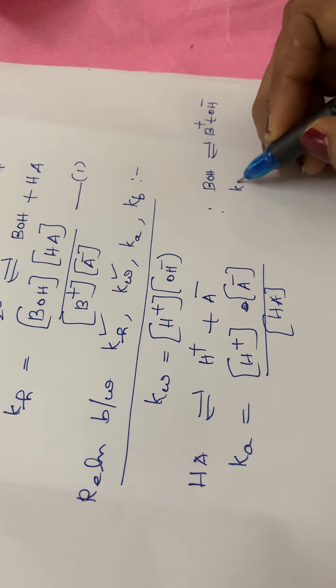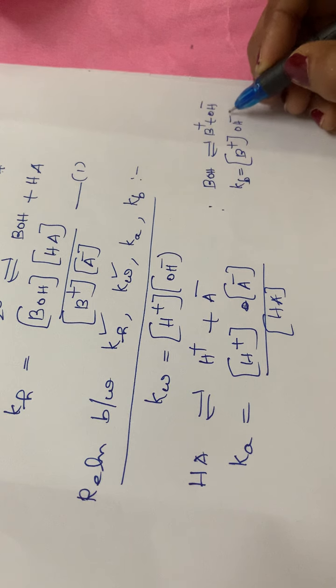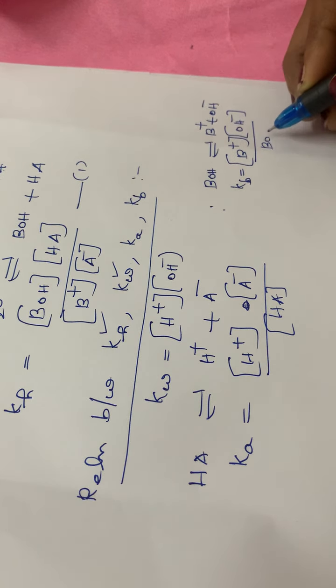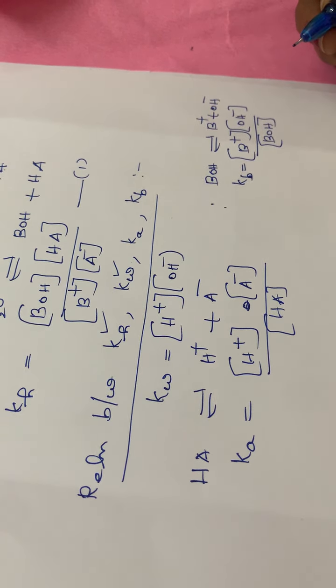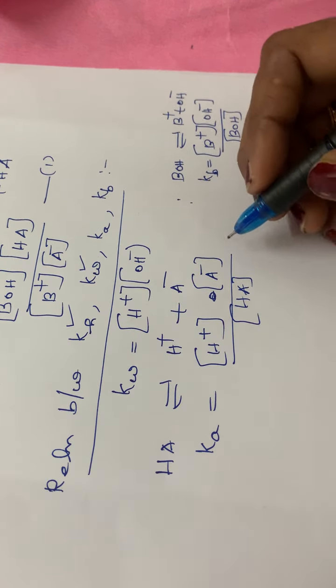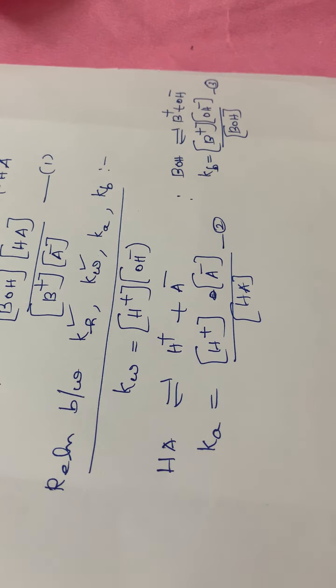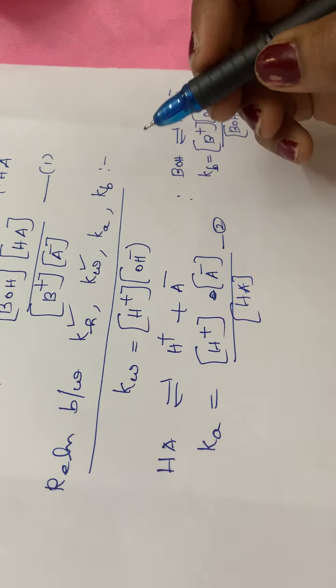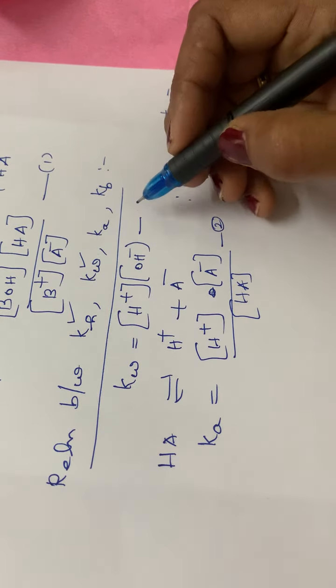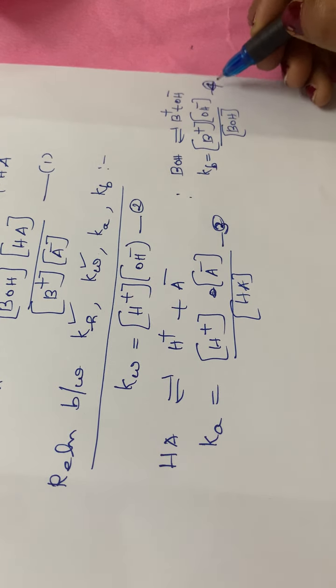So Kb is equal to concentration of B plus into concentration of OH minus divided by concentration of BOH. Put it as equation 2, then equation 3, and then 4.